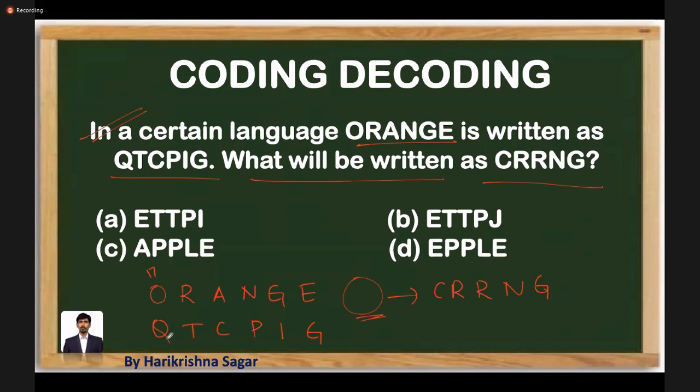So O is the 15th alphabet, Q is the 17th alphabet. So we can say it is increased by 2. The same thing we have to apply for the other one. Just observe, tell me what is the answer.